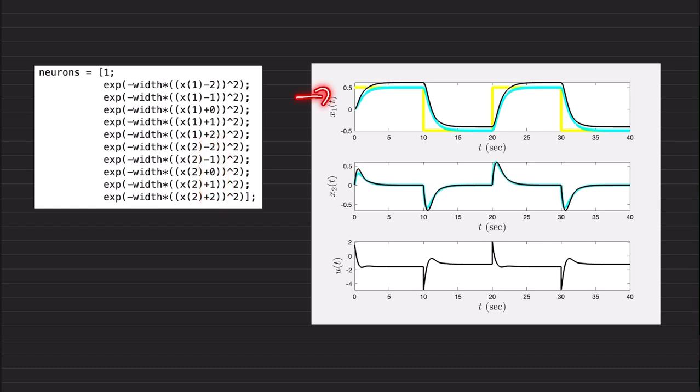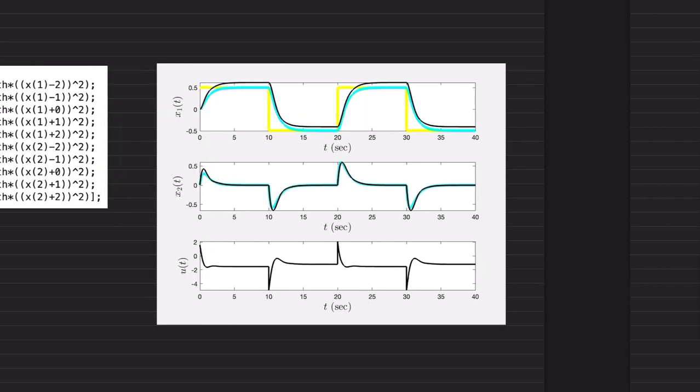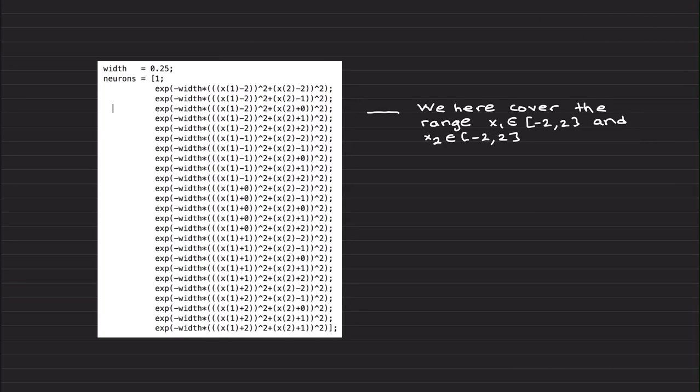This was the first example, and the performance we obtained from it. In the previous video, we showed that when we increase those neurons, we get better and better performance. I am not sharing the code. It is literally the same code. I just choose the basis functions like I just described. Each basis function depends on x1 and x2, and here we are covering the range x1 from -2 to 2 and x2 from -2 to 2.